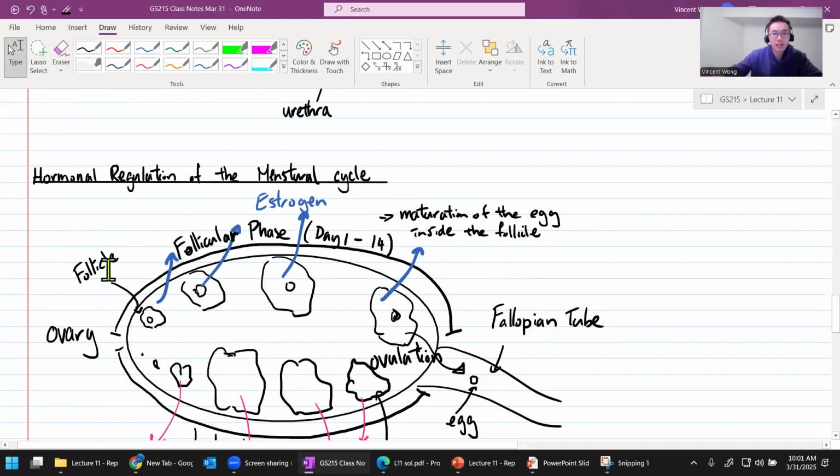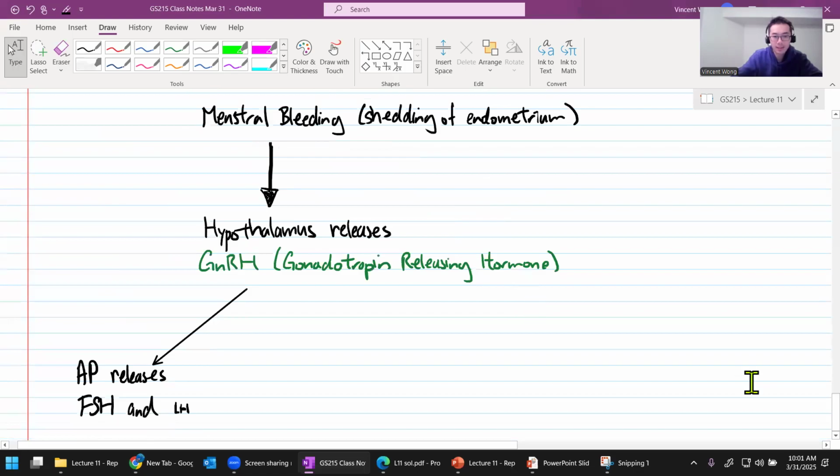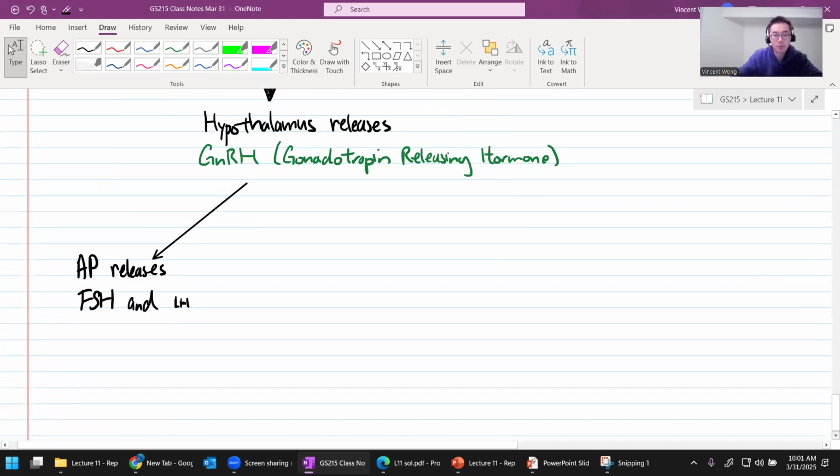FSH is going to be released from the anterior pituitary gland. It's going to travel through the bloodstream to the ovary. And when it gets to the ovary, it will stimulate the follicle to develop. As the follicle develops, the egg matures and it will be pumping out estrogen. So that's what happens next. The LH is not doing much at this point.